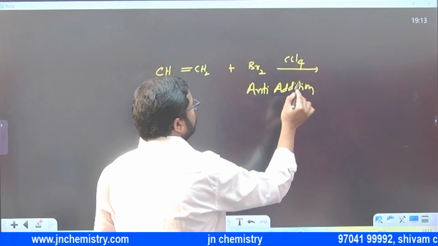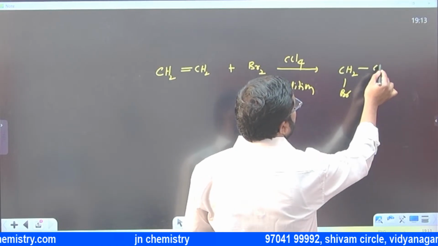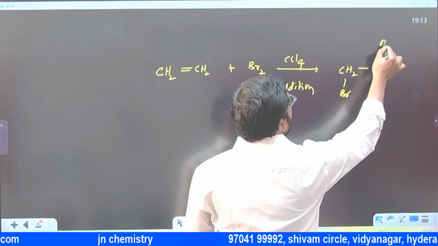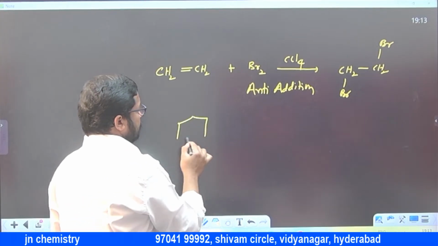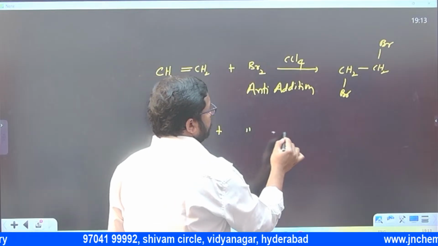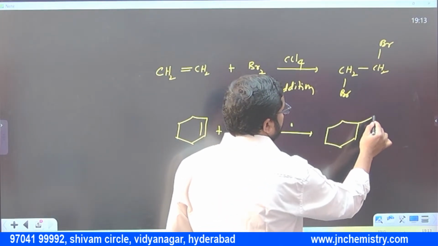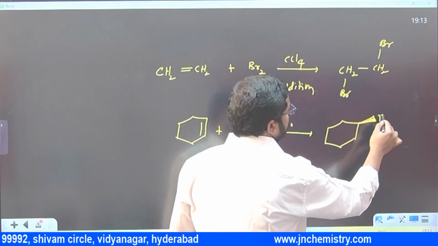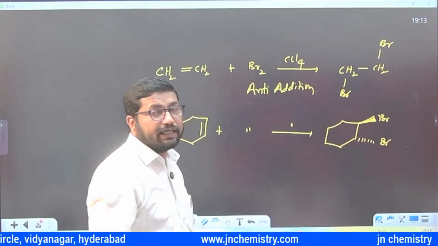Anti-addition means what? One is on one side, one more is on the other side, opposite direction. One is the front side, one more is the back side.